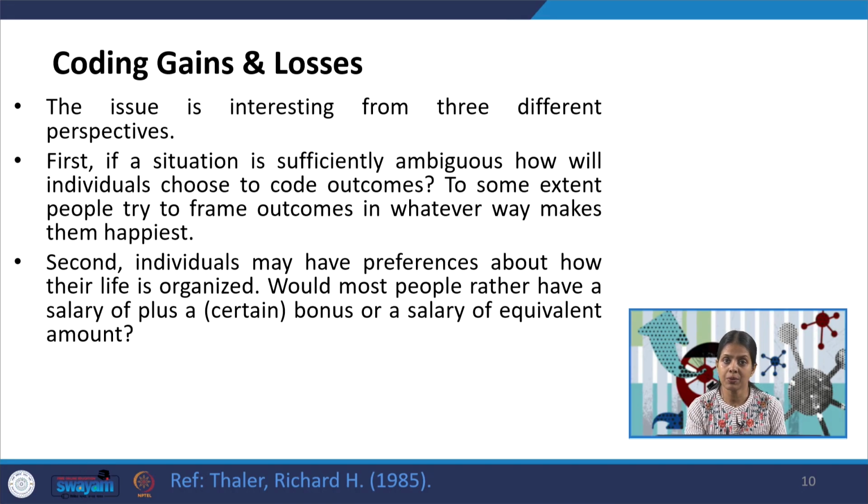Would most people rather have a salary plus a certain bonus or a salary of equivalent amount? So, basically, would you like to have say a salary of 50,000 and a bonus paid maybe on a monthly basis of 1,000 or on a yearly basis of 12,000, or would you like to have a salary of 51,000 every month.